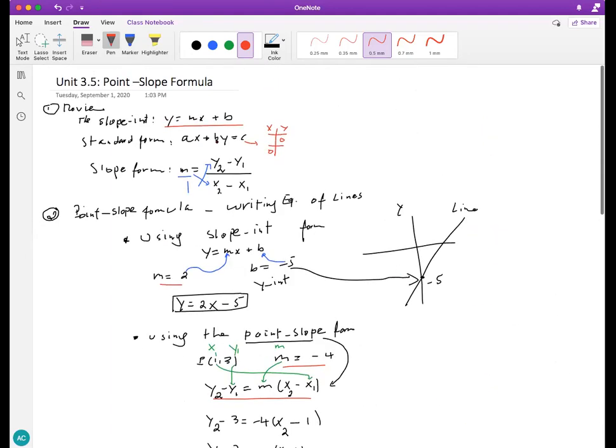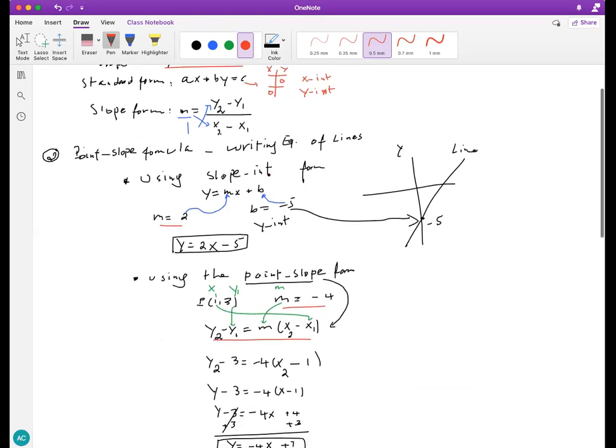But if it's in standard form, find what we called the x-intercept. The second one is the y-intercept. We talked about this in detail in a previous lecture. That's when we use this, when you have standard form. But if you have this, which is very convenient, you can do a lot of things: get the m, get the b, graph immediately.